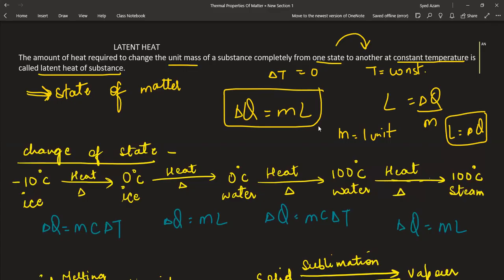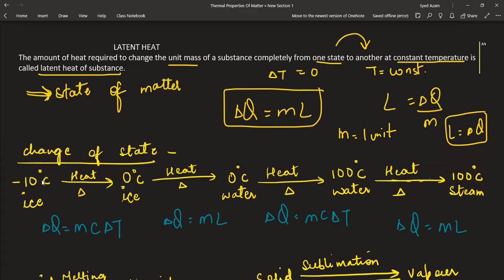So what is the change that occurs? This is a very good example. Minus 10 degrees Celsius ice exists. This is my starting point. Now I increase the temperature and put it at 0 degrees Celsius. 0 degrees Celsius ice exists; we know this is the freezing point of water.